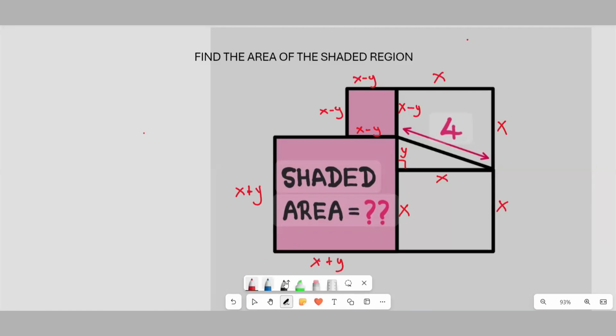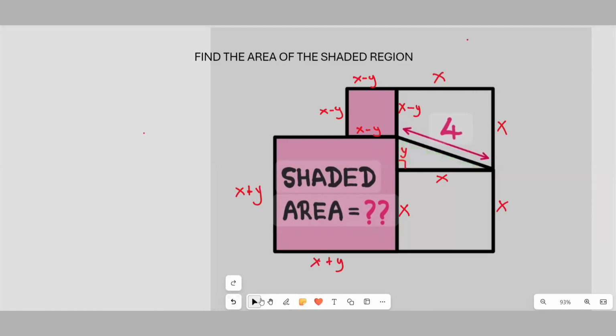I'm going to go forward with one of the most important parts of this question, which is this 4 that we got, the hypotenuse side of that right triangle. So let's utilize this right triangle as a base idea that we would be using as we go.